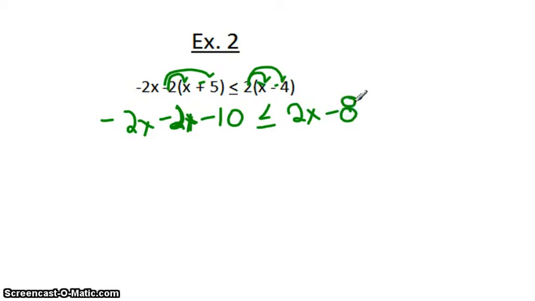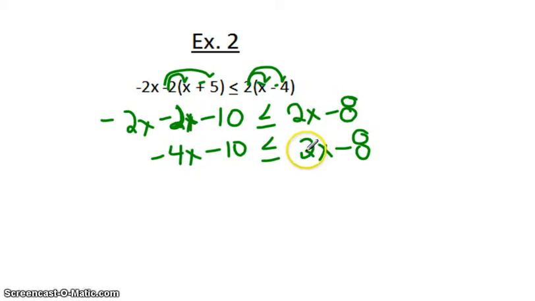Now I'm going to step 3, which says I need to simplify each side. The only side that needs to simplify is this one. I need to combine these like terms. So I have negative 4x minus 10 is less than or equal to 2x minus 8. So I'm ready for step 4. Step 4 says I need to isolate my variable.